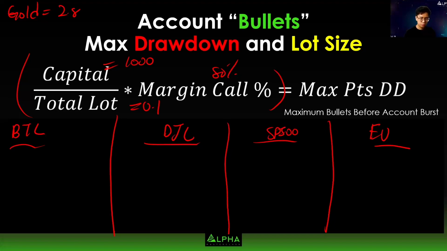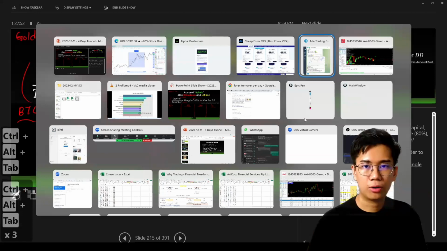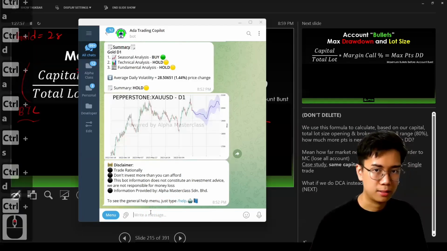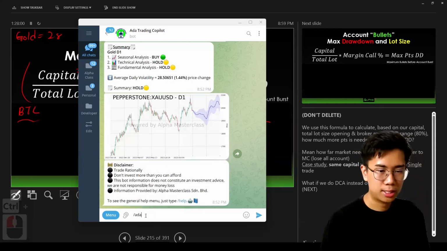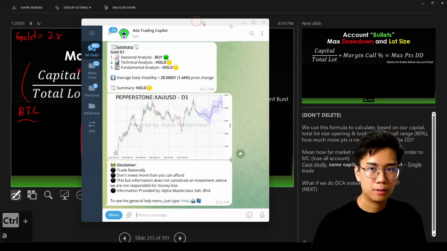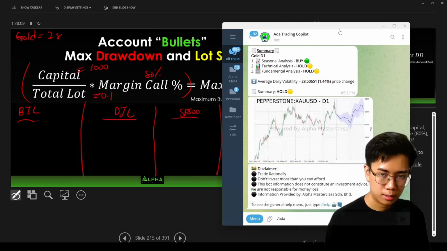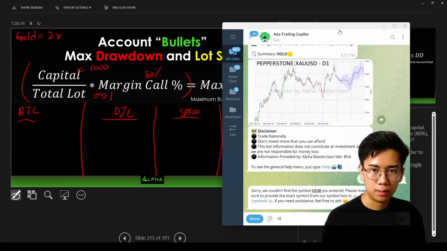So what we're going to do is call up ADA Copilot to give us all of the market information. So slash ADA, Bitcoin. And Bitcoin Dow Jones, ADA US 30, slash ADA.